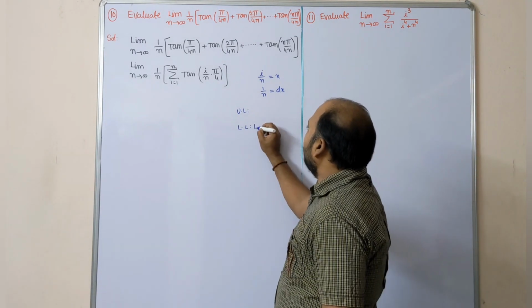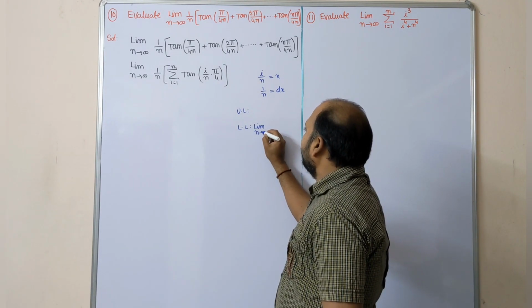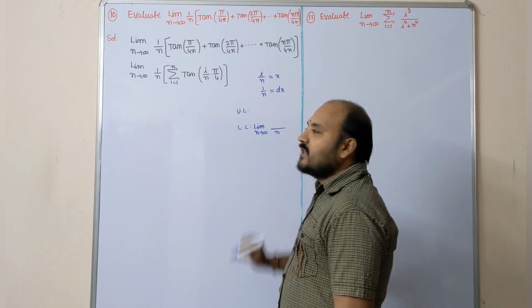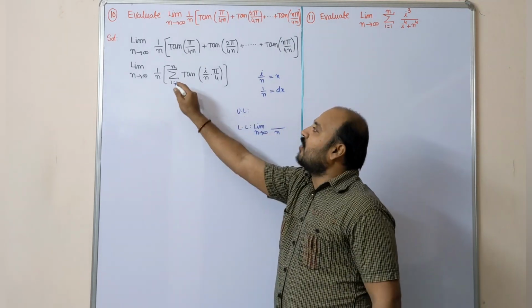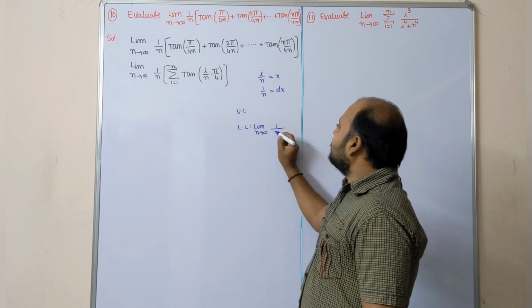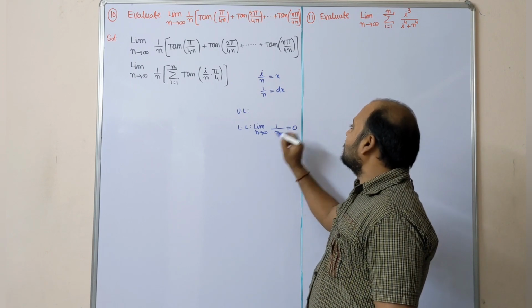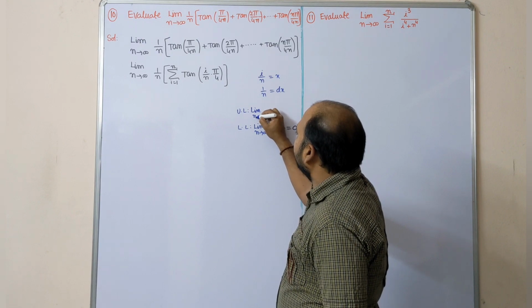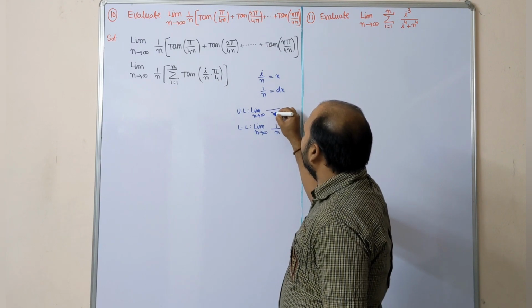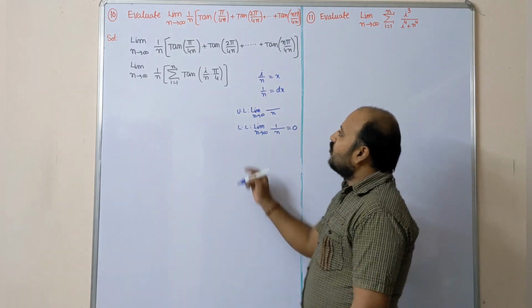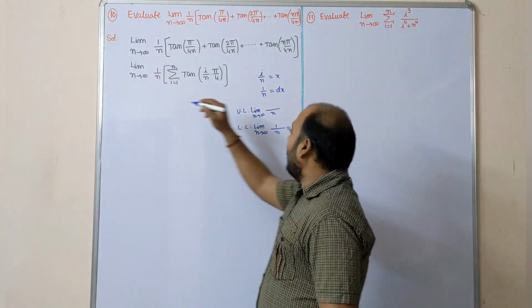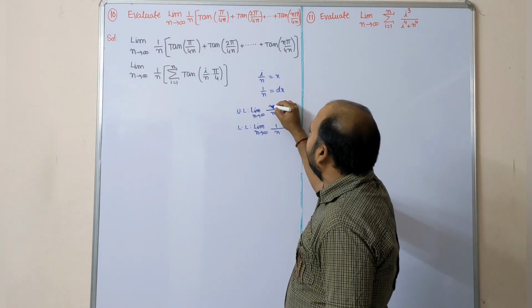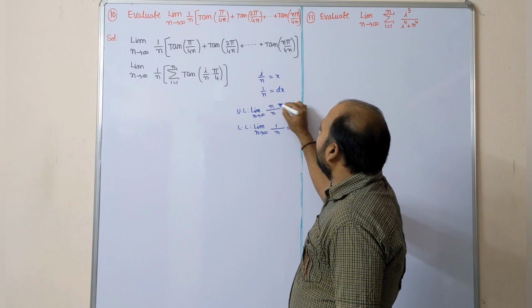Lower limit first. Limit n tends to infinity. Total number is n. Initial value of i, 1. Limit n tends to infinity, 1 by n value is what? 0. Limit n tends to infinity, total values are n. What is the final value of i? Final value of i is n. n by n is equal to 1.